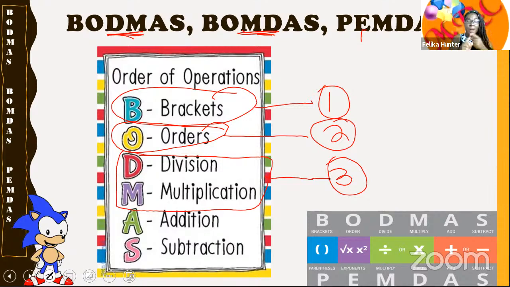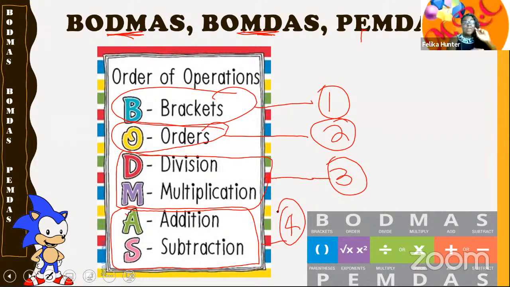So we do brackets first. Orders, which have to do with the powers. And then we do multiplication or division, whichever one comes first. And then the last part that we do is the addition or subtraction, whichever one comes first. So you have number 1, brackets. Number 2, orders.